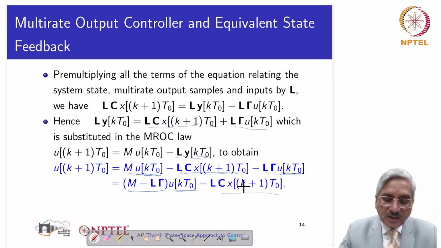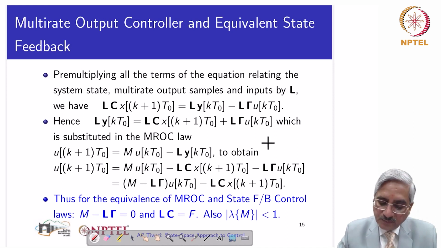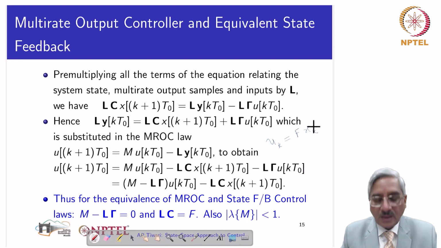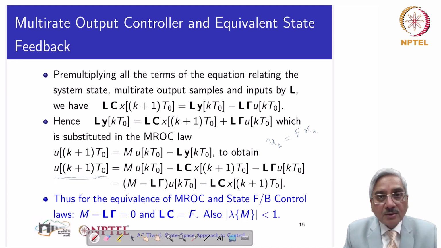Now from this we see a very interesting equivalence between this and the state feedback. State feedback was u(k) equal to Fx(k). Now we see that u((k+1)T0) equal to LCx((k+1)T0) if this one is 0.